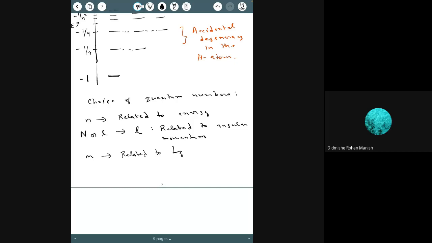Also, ma'am, we have assumed that the nucleus is stationary in this solution, but that can be moving. We have assumed that the nucleus is stationary.